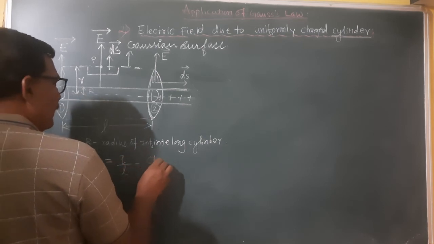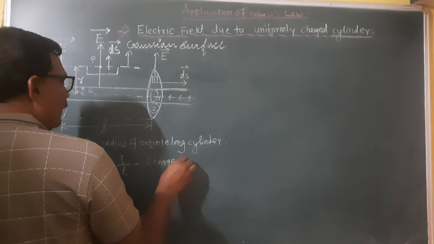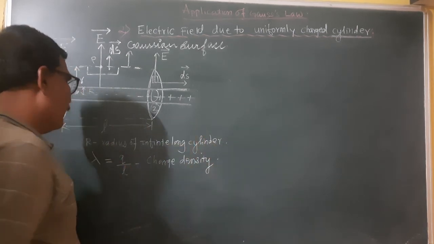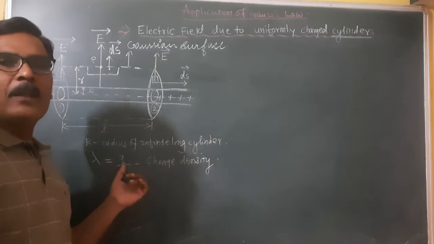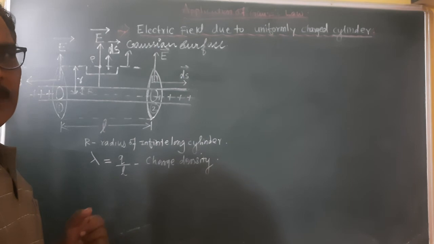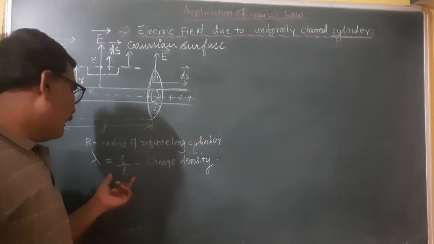This is called the charge density. It is measured in charge per unit length, that is, coulomb per meter. Charge is measured in coulomb and length is measured in meter.